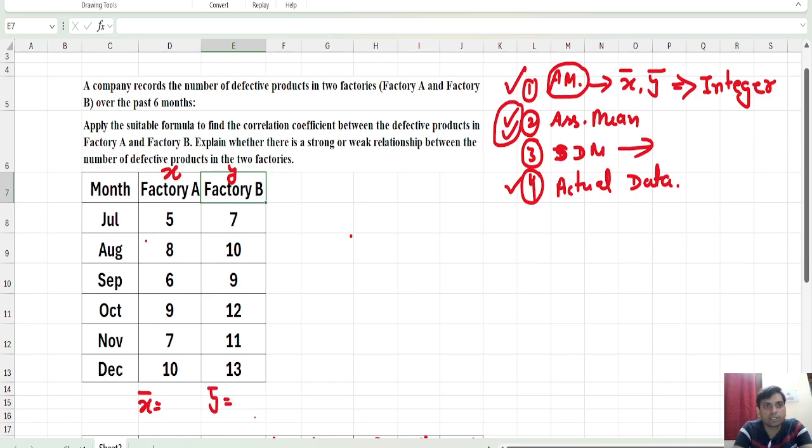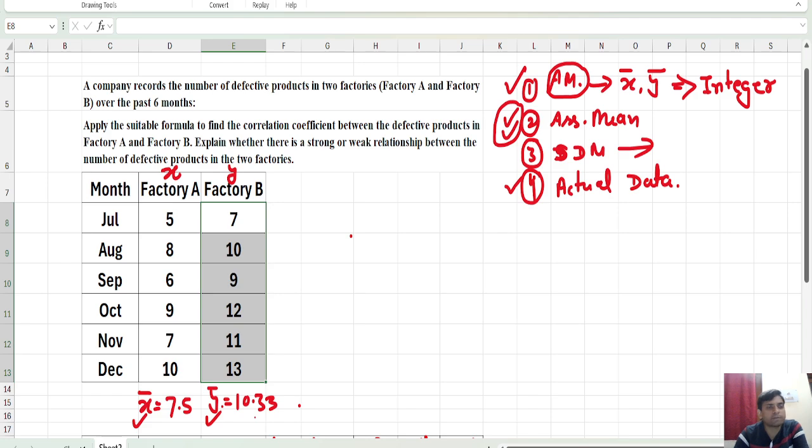So for this first data, x bar is 7.5, and for this second case y bar is 10.33. We will find this x bar and y bar by taking the summation of all the x terms divided by 6, and the summation of y terms divided by 6. Then you can find x bar and y bar.